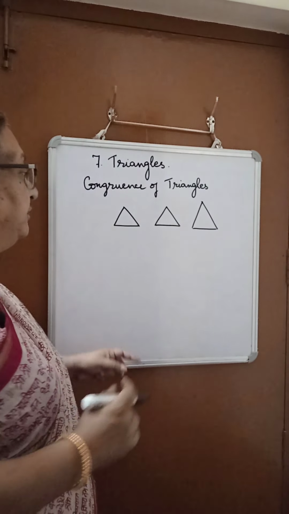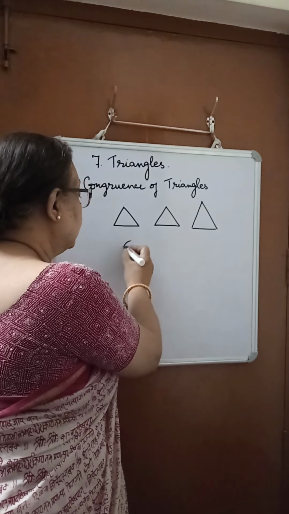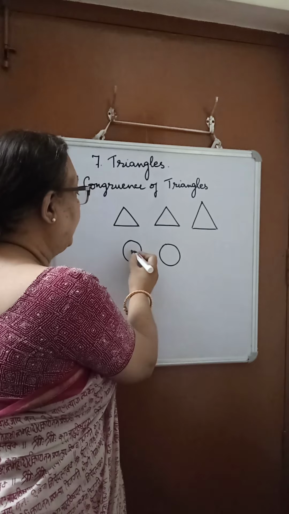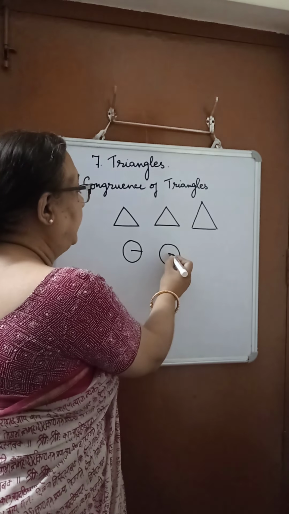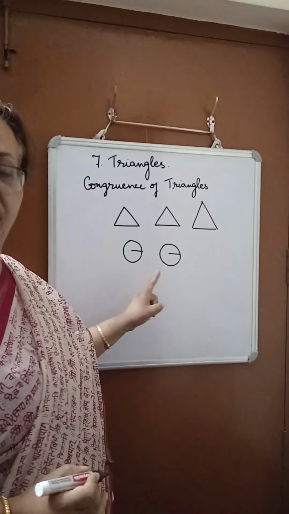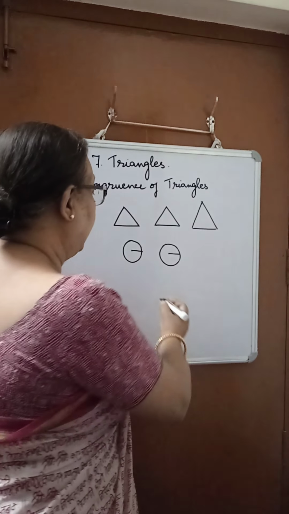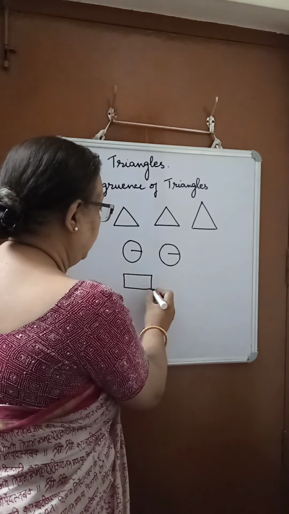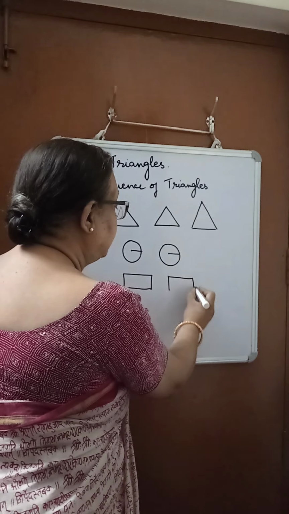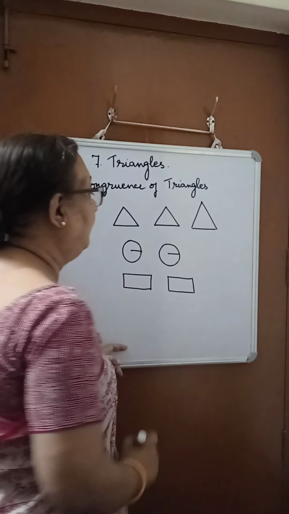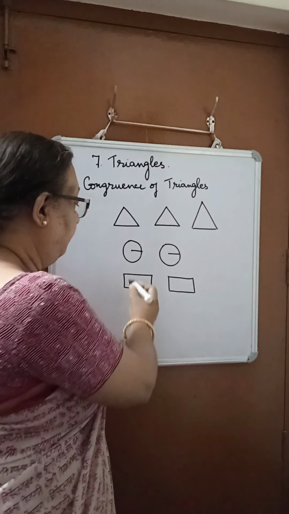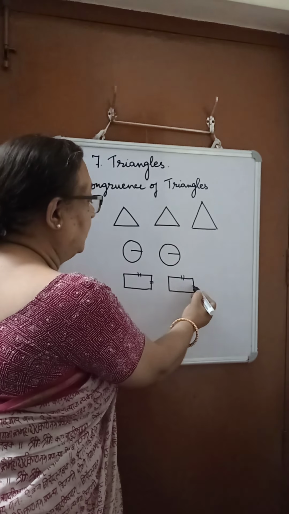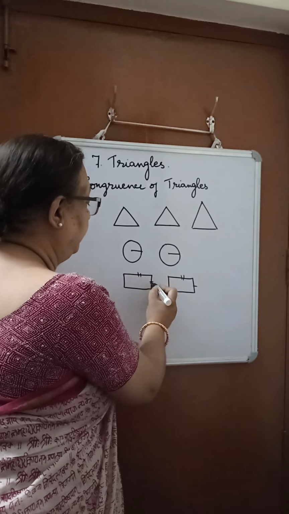Similarly, we can have congruent circles. Two circles will be congruent when they have the same radius. Similarly, we can have rectangles. These two rectangles will be congruent when this side is equal to this side and this side is equal to this side.